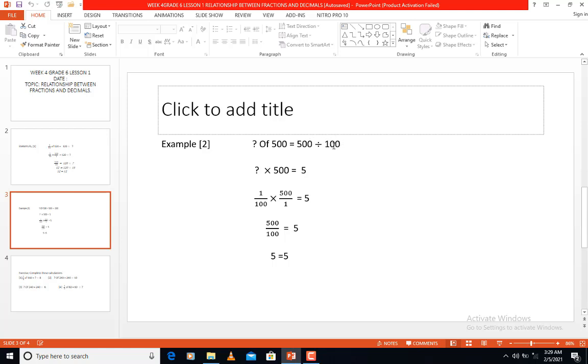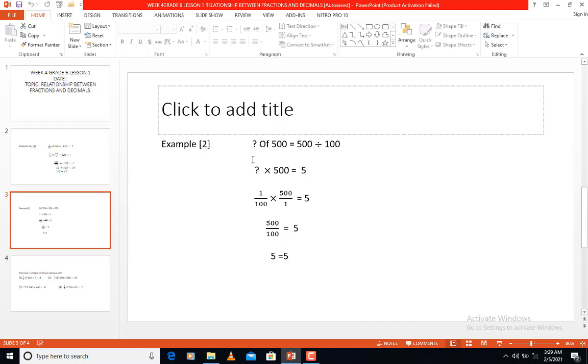Using a mental strategy, we cancel the zeros and remain with 5. So what number can I put here so that if I multiply by 500, the answer is the same as 5? Now you can see 1 over 100 multiplied by 500 over 1 is equal to 500 over 100, which is equal to 5. 5 is equal to 5. So on this question mark, what you have to do is put 1 over 100.